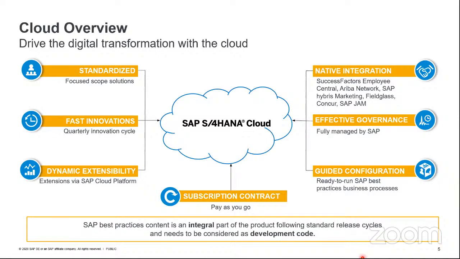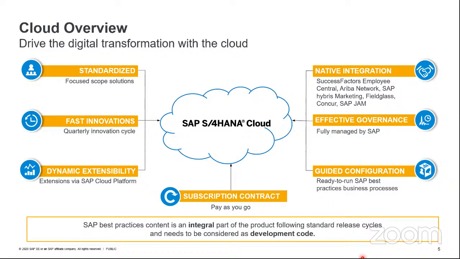However, when we talk about S4HANA Cloud, and especially the SAP-owned S4HANA Cloud, we have a quarterly innovation cycle, which means that these servers will be automatically upgraded. So the customer need not take care of any of these upgrade cycles. There are quarterly release cycles, and systems will be automatically upgraded with that.